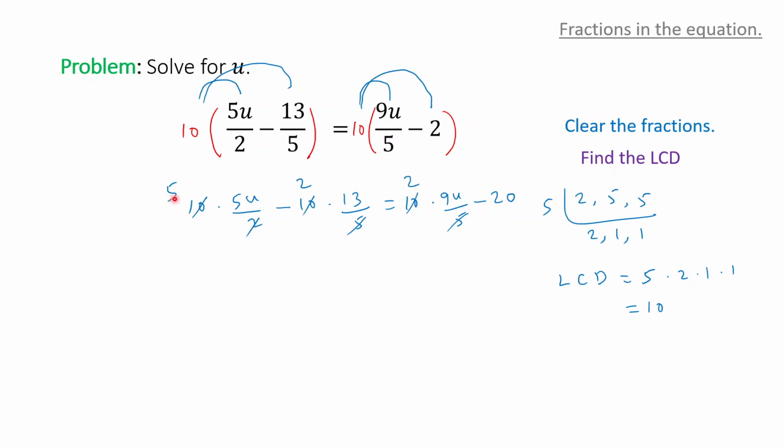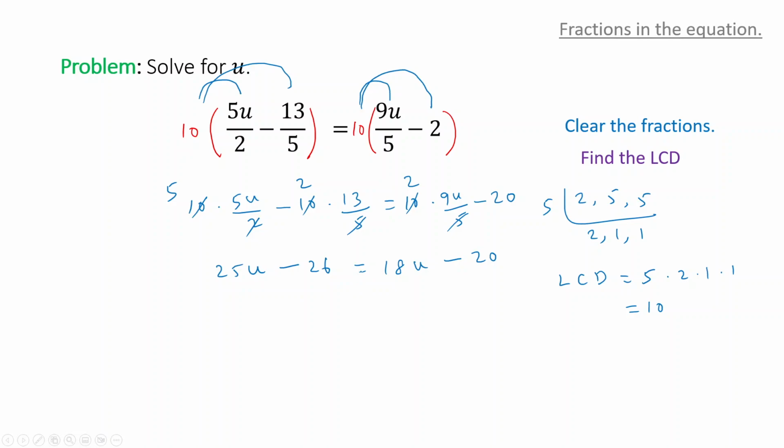Now 5 times 5, 25u minus 2 times 13, 26. That is equal to 2 times 9, 18u minus 20.